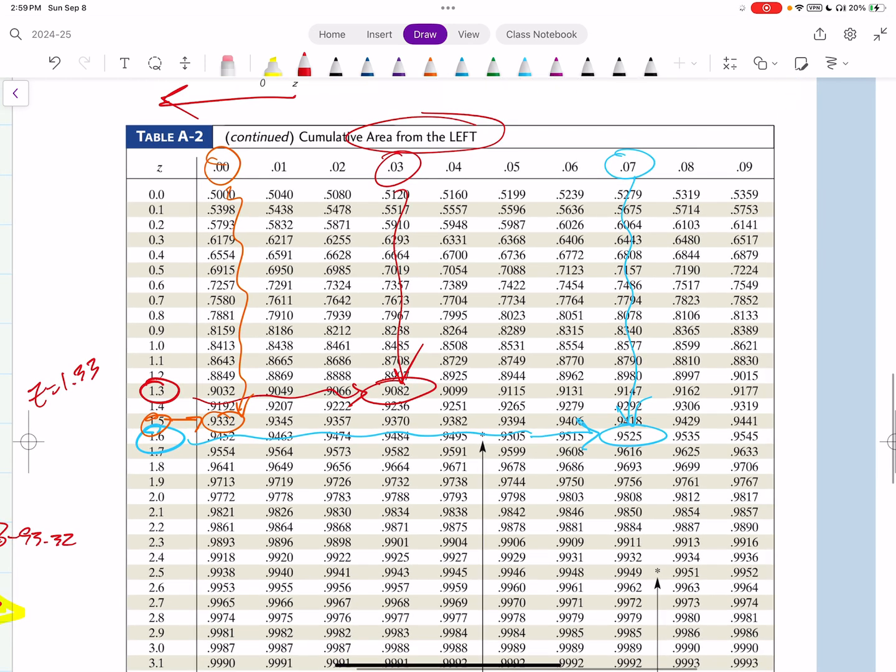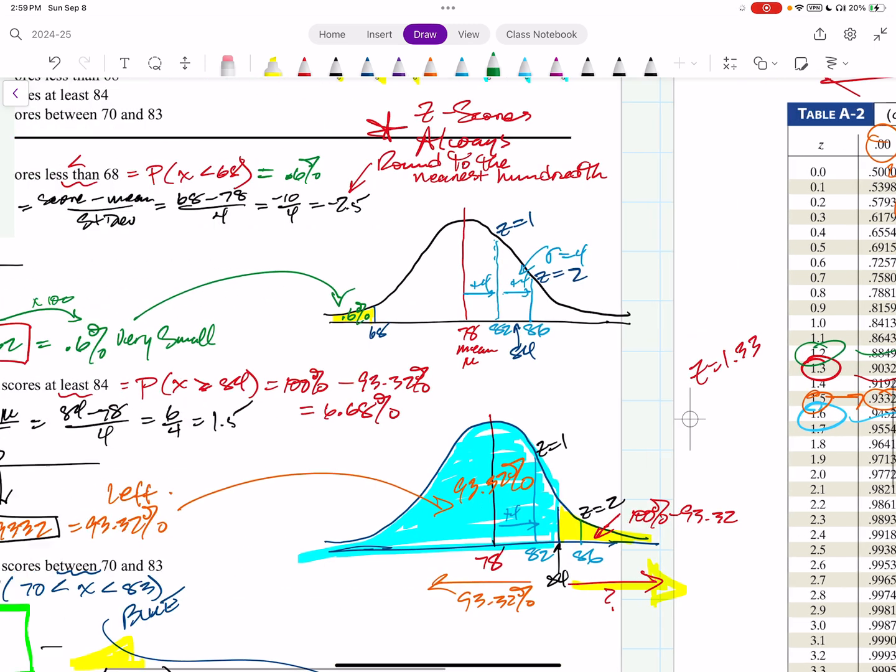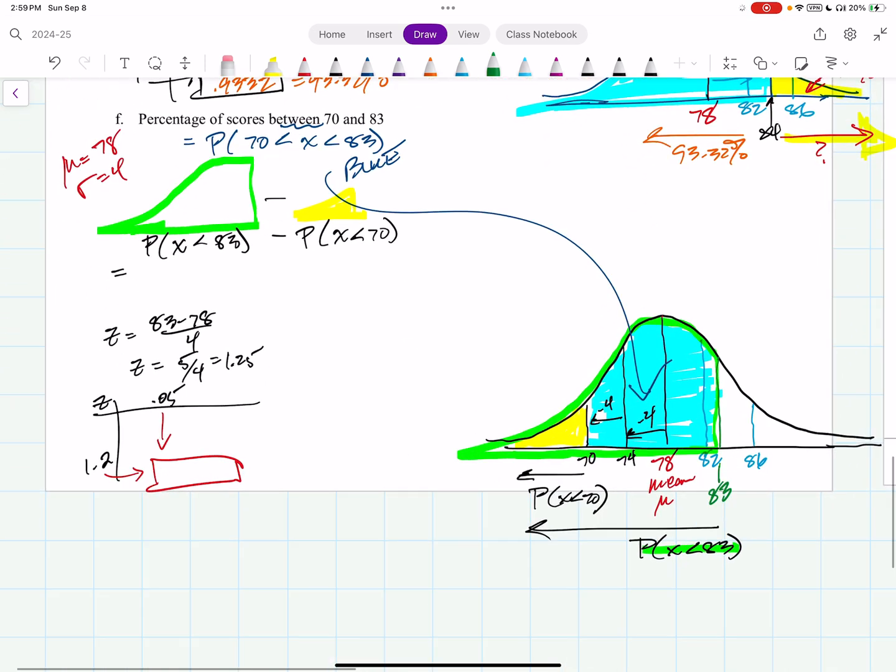Let me pick a different color so you can see. 1.2 is here, and 0.05 is here. You go across and down: 0.8944, which is 89.44%.